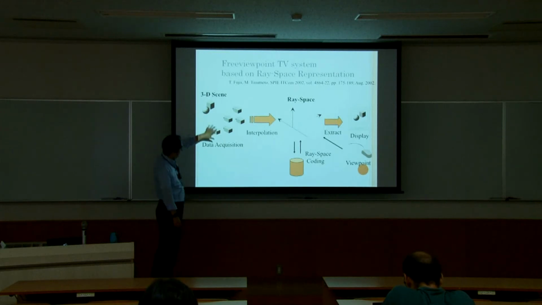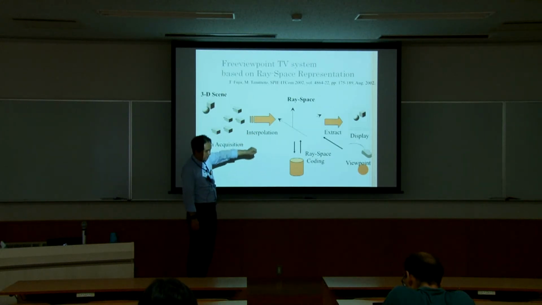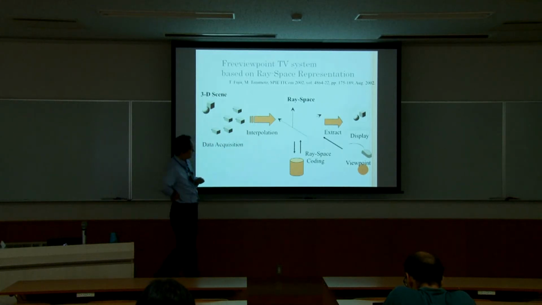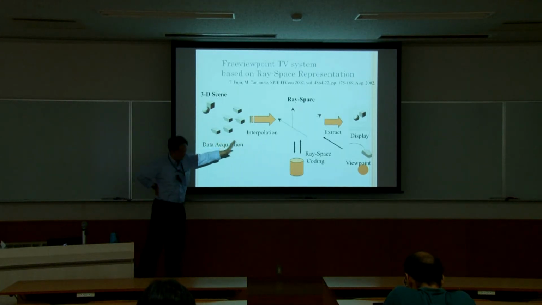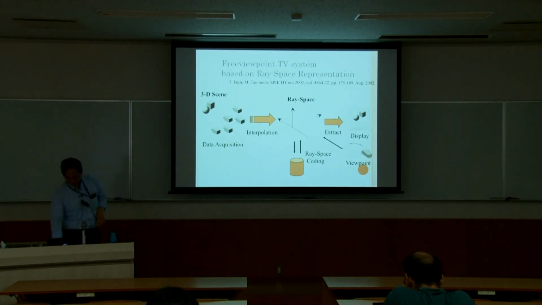So the data acquisition part captures the 3D scene or light rays. And the ray space is processed or coded or transmitted to the receiver. And from the ray space, we can extract any viewpoint image and then display it on any 3D display. So this is the central concept of the ray space.